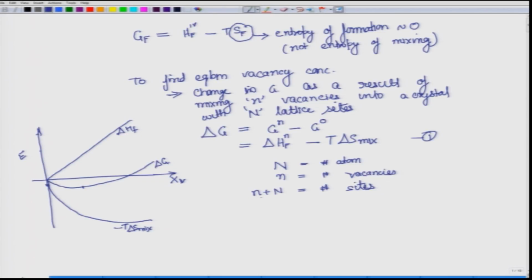So, this is another quantity that we have to remember, which is N plus n. Now, like I said, this reaction, which is equation 1, will proceed until delta G is less than 0.